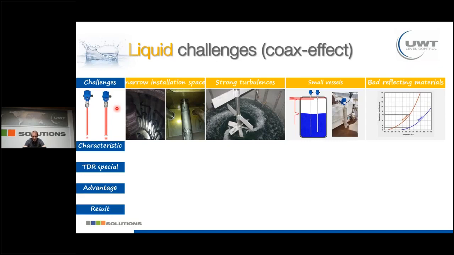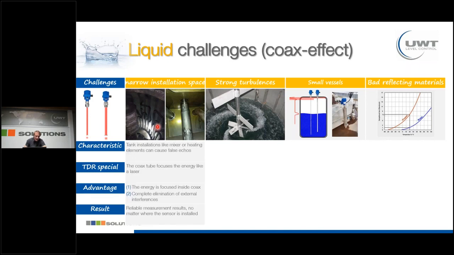This is a big advantage when we have narrow vessels or installations inside the vessel. When the microwave pulse reaches such an installation, we get a reflection from it, and this can be avoided by using the coaxial probe.